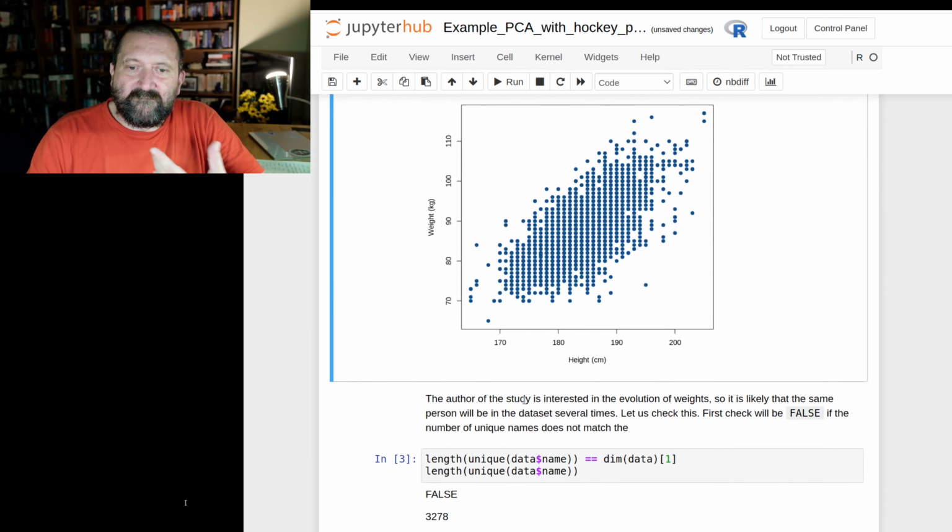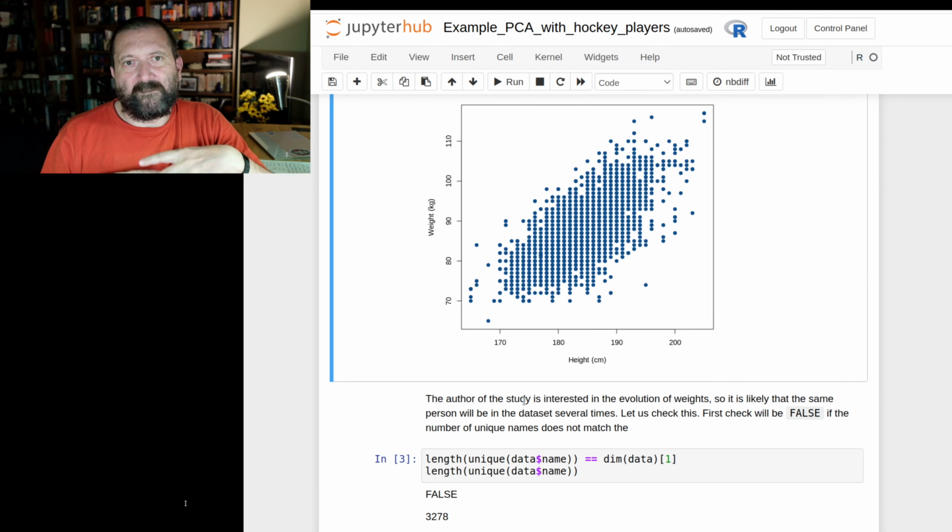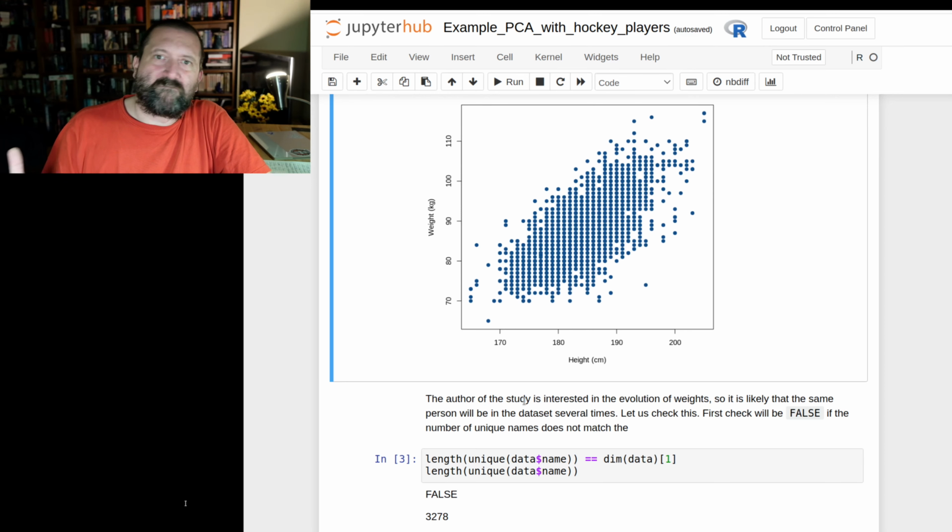And here, the person who wrote the problem was interested in the evolution of the weights, and so we're going to disregard this. So what we're going to do is take individual players and compute a mean weight and a mean height.